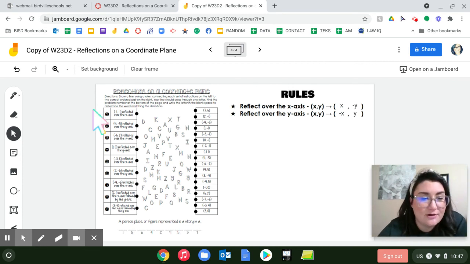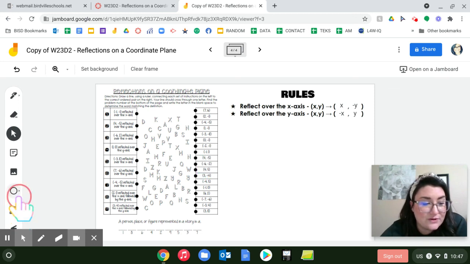So there's your rules. You're going to want to keep those as you do this. Now, so let's look here. -1, reflected over the x-axis. We know that the y value is going to flip, so it's going to turn into -1, +1. So here's how this activity works. You're going to draw a line from here all the way to -1, +1.